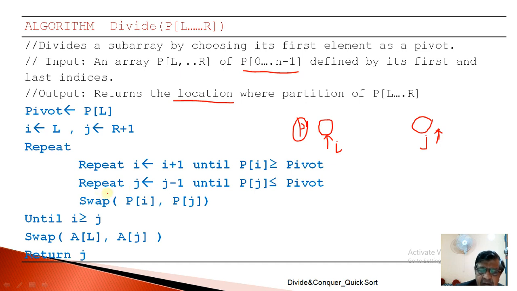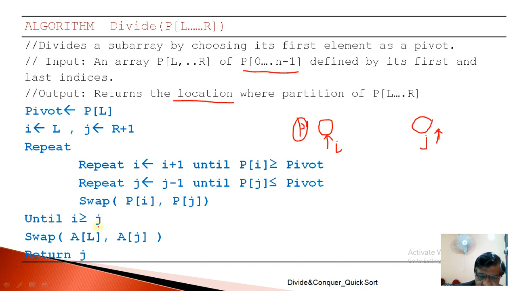Then J will start moving, J equal to J minus 1 in the backward direction, until P of J is lesser than or equal to pivot. Greater than or equal to pivot, lesser than or equal to pivot. This will stop, then that will start moving and also stop, and if they have not crossed, swapping will take place between P of I and P of J.